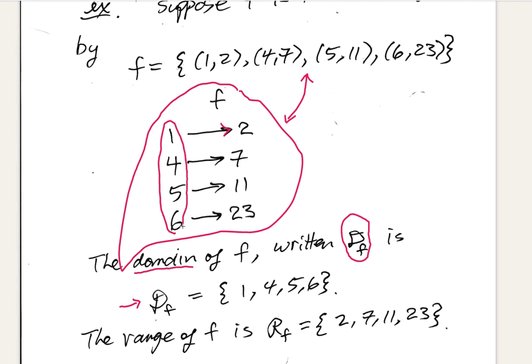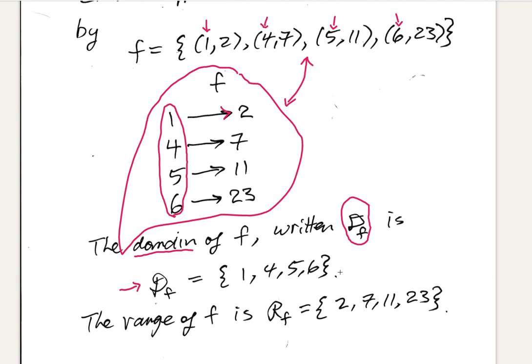Some people like that term. You can see it's just the set of all the first elements in the ordered pairs. That's another way to think of it, just the set of all first elements from all the ordered pairs. And you see that's 1, 4, 5, 6 in any case. So this is just a set here. So I've got my curly brackets, that are braces, if you like that word better.